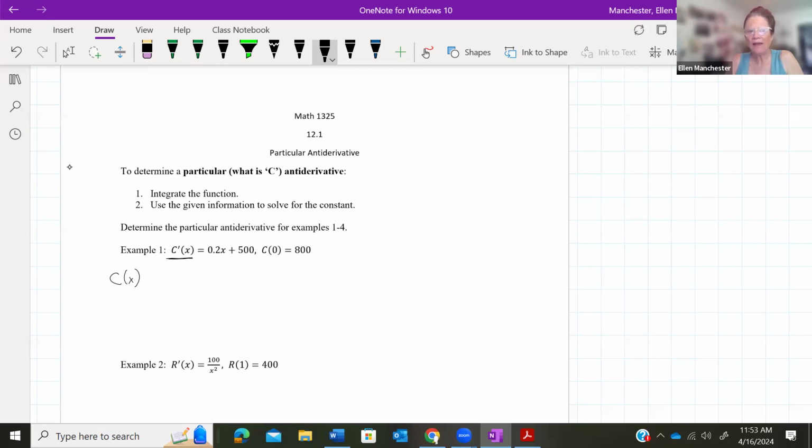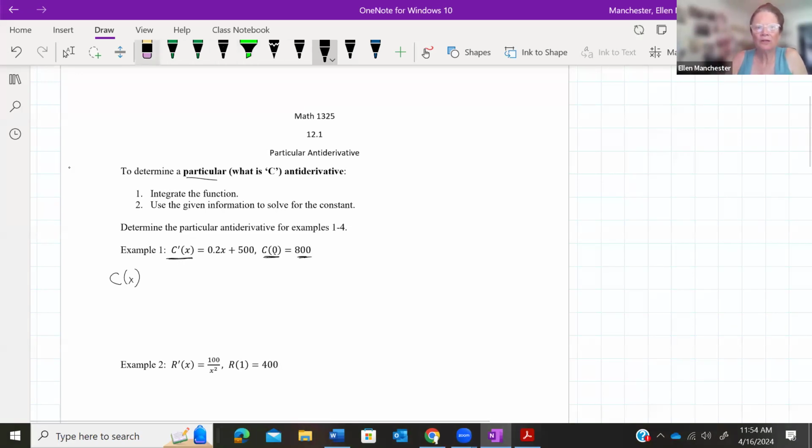We're changing it back to the cost function. Sometimes we can see how our costs are changing, and we want to know what our actual costs are. But in this case, we are looking for the cost when we have 0 products. Our cost is $800. That's what this means. So now we're looking for a very particular antiderivative, very particular cost function.